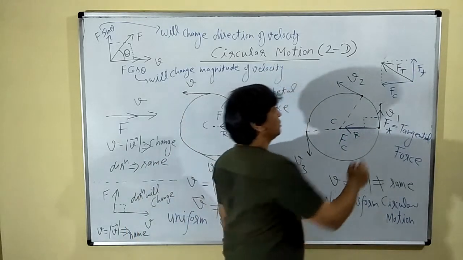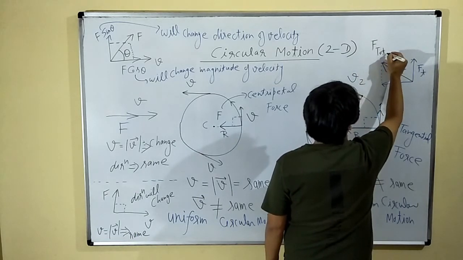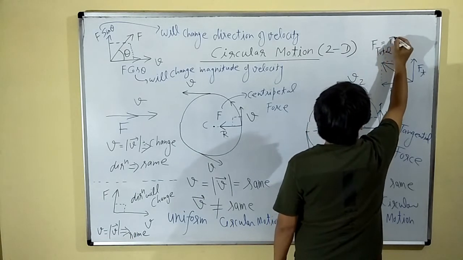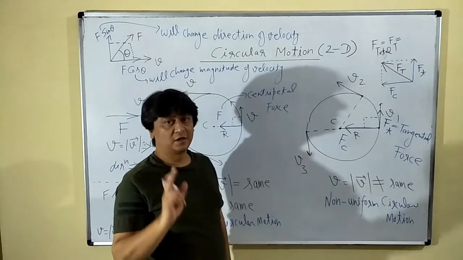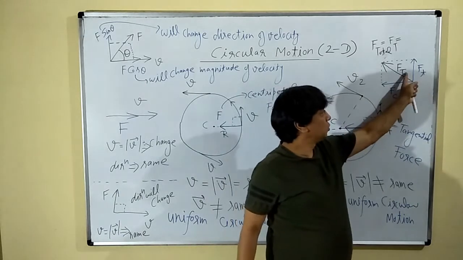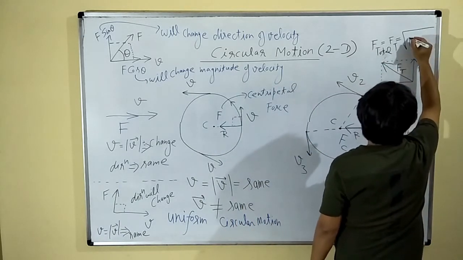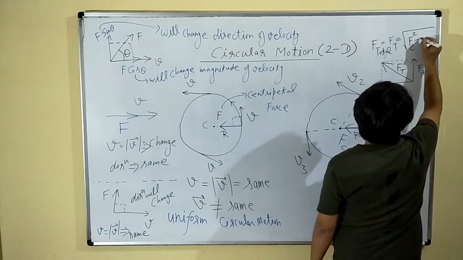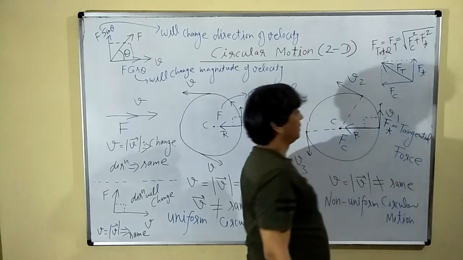Total force. अगर दो वेक्टर 90 पर होते हैं तो उनका रिजल्टेंट क्या हुआ करता है? रूट ओवर एफ सी स्क्वायर प्लस एफ टी स्क्वायर.